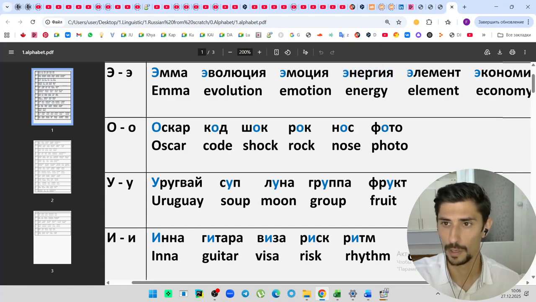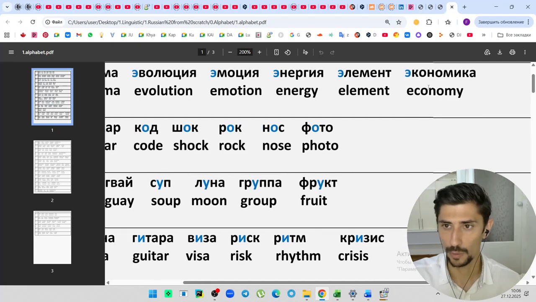Next example is element. It's not H, as you know, it's actually N. Element. And the last word is economica.